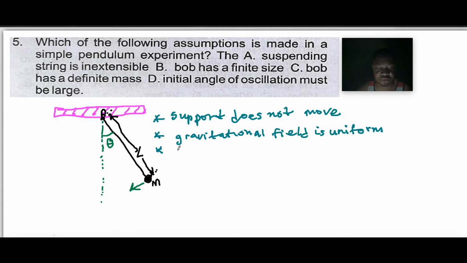The third one we're taking a look at is that the motion does not lose energy to friction or air resistance.